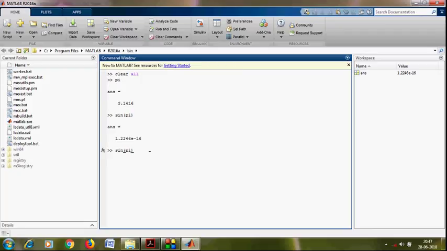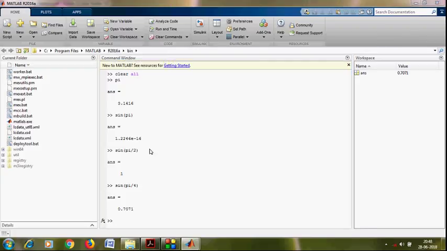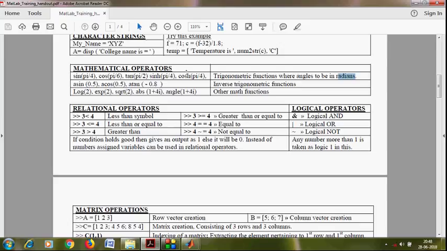Sine of pi by 2, which is sine 90, you will get 1. Sine of pi by 4, you get 0.7071, and you can do it as per your requirement. So you can try all these things.